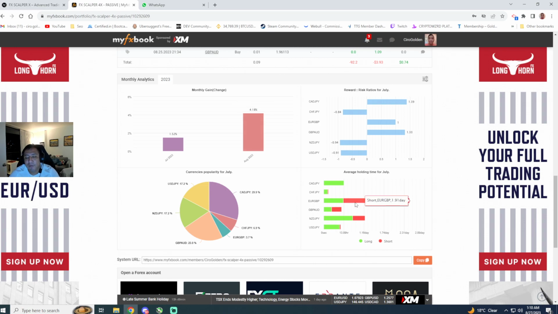Average hold time, as you can see, is still a lot less than what the standard was. The longest that we had on the standard was 3.69 days. The longest position that we had open was a short position on EURGBP, and that was for 1.91 days. So as you can see, positions are not open for very long, which is great to see.